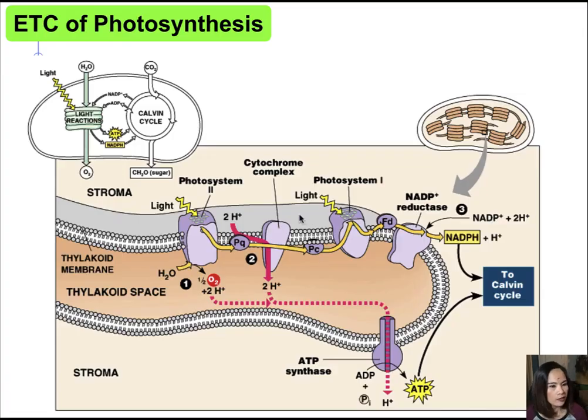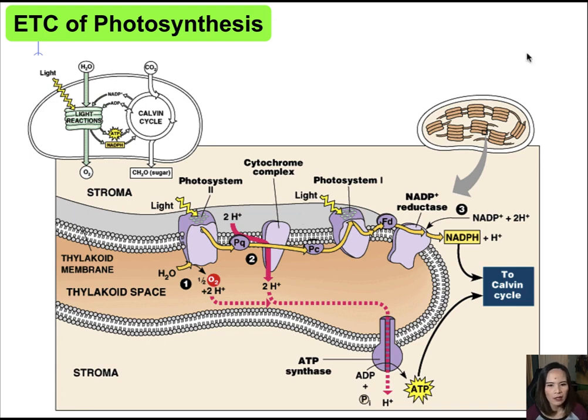So here is the process of your electron transport chain. And in our virtual simulation lab, you should be able to get the feel of what is really happening during electron transport chain. So as you can see, the light hits the stroma, and then of course, there's a series of different chain that is happening in order for us to generate ATP and NADPH, which is needed in the Calvin cycle.